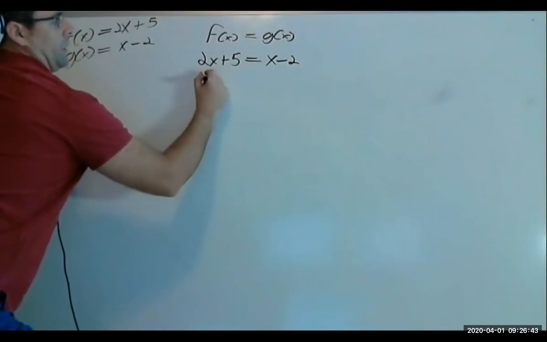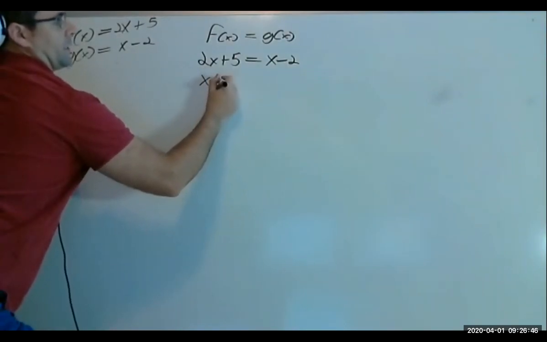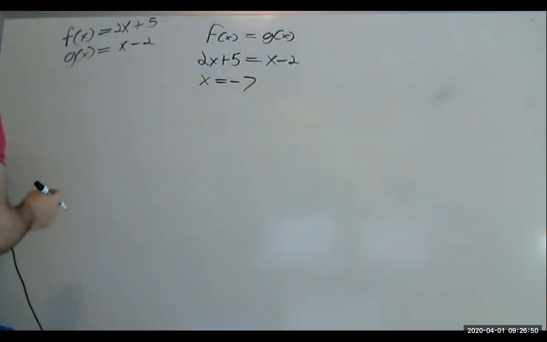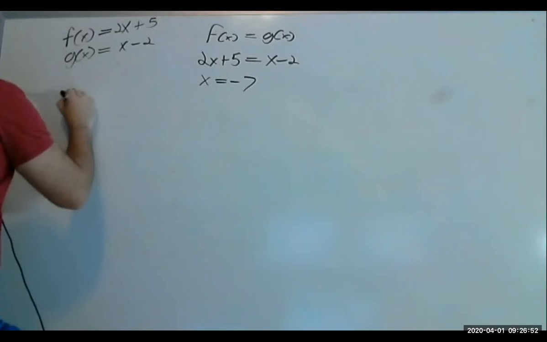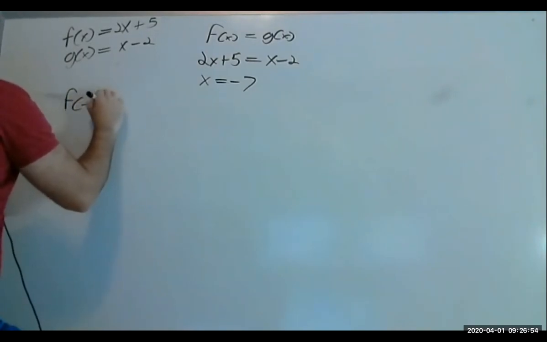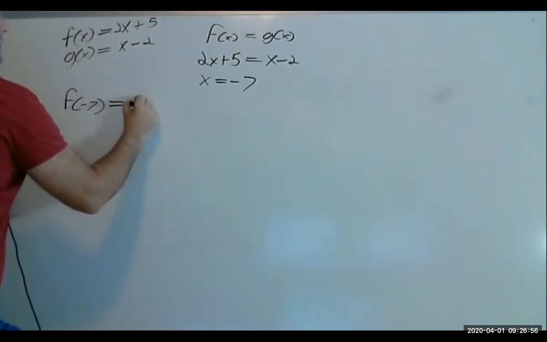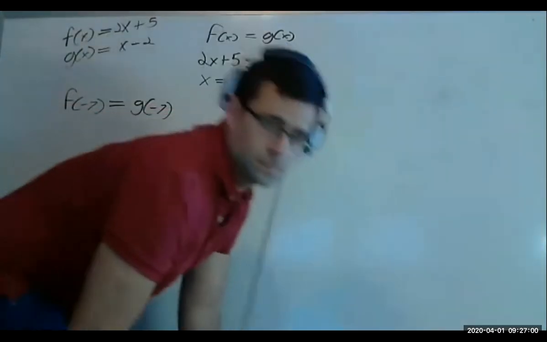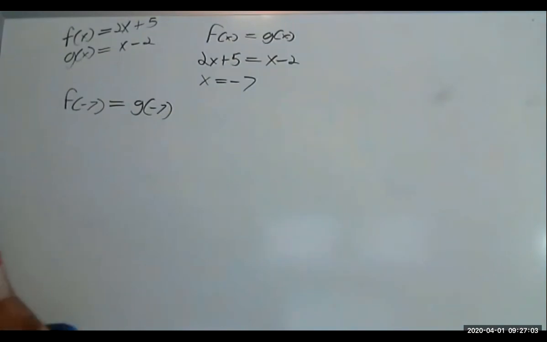So pull everything together and you get x equals negative 7. So what we're saying is that f of negative 7 equals g of negative 7. Simple, straightforward as that.